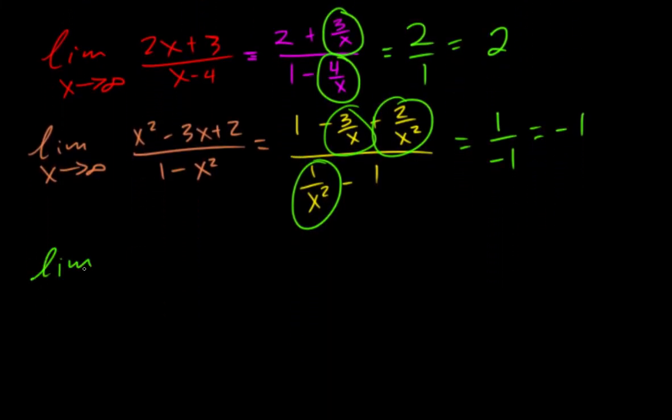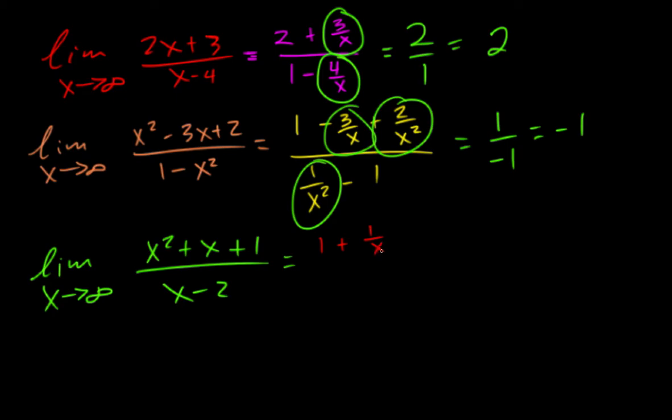Okay. Limit as x approaches infinity of (x squared + x + 1) over (x - 2). Same approach, divide everything by x squared. So that's 1 plus 1 over x plus 1 over x squared, over 1 over x minus 2 over x squared.